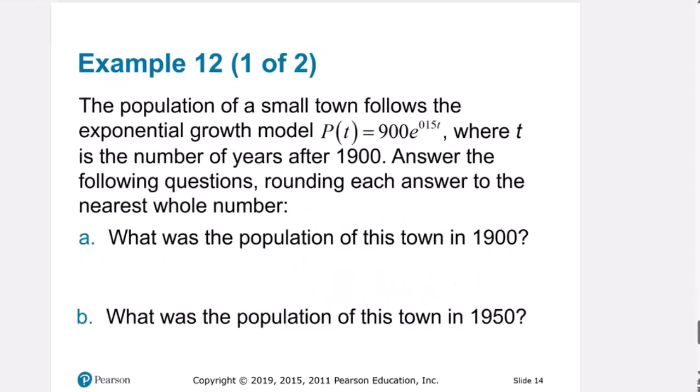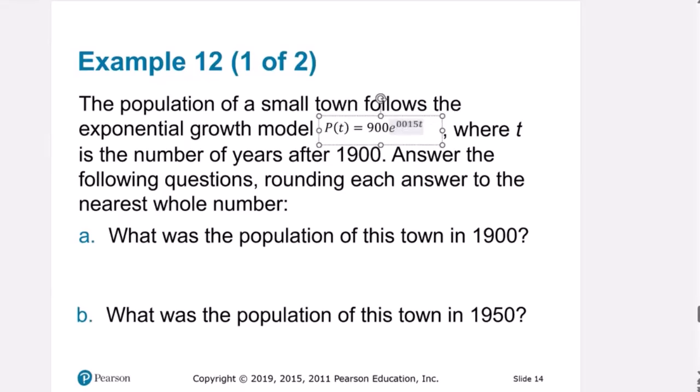The population of a small town follows the exponential growth model, P of t equals 900 e to the 0.015t. Answer the following questions, rounding each answer to the nearest whole number. What was the population of this town in 1900? In 1900 is where we started getting our information.